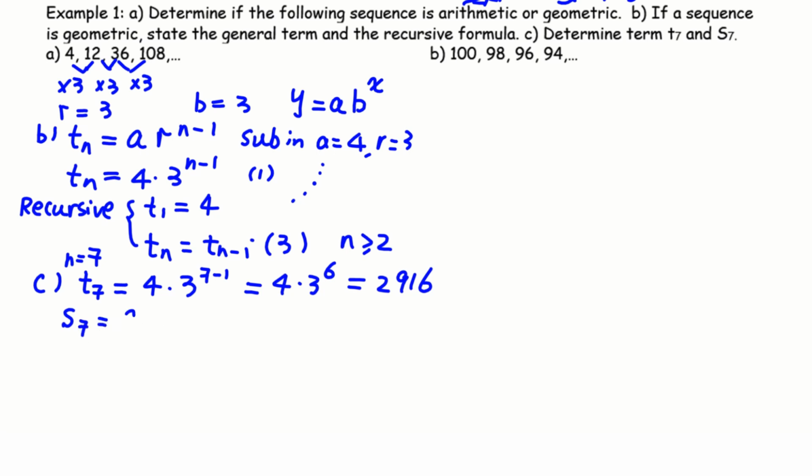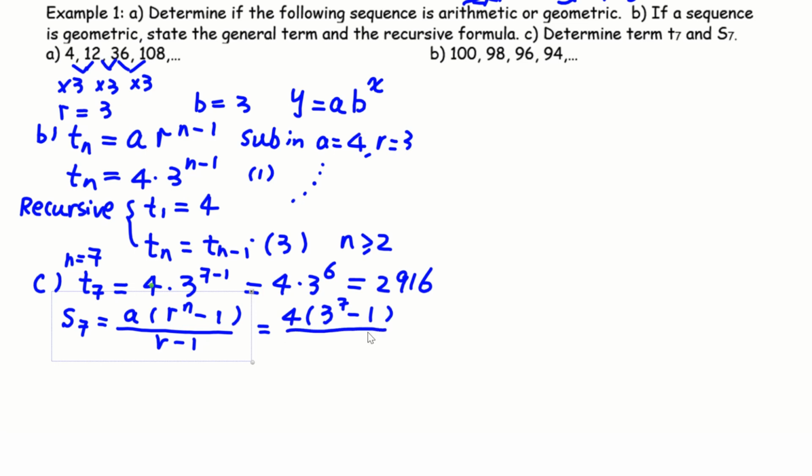And for the 7th term sum, we are going to use a formula. It is a times r to the exponent n minus 1, all over r minus 1. So a is 4, r is 3, n is 7. Take away 1, then divided by 3 minus 1.